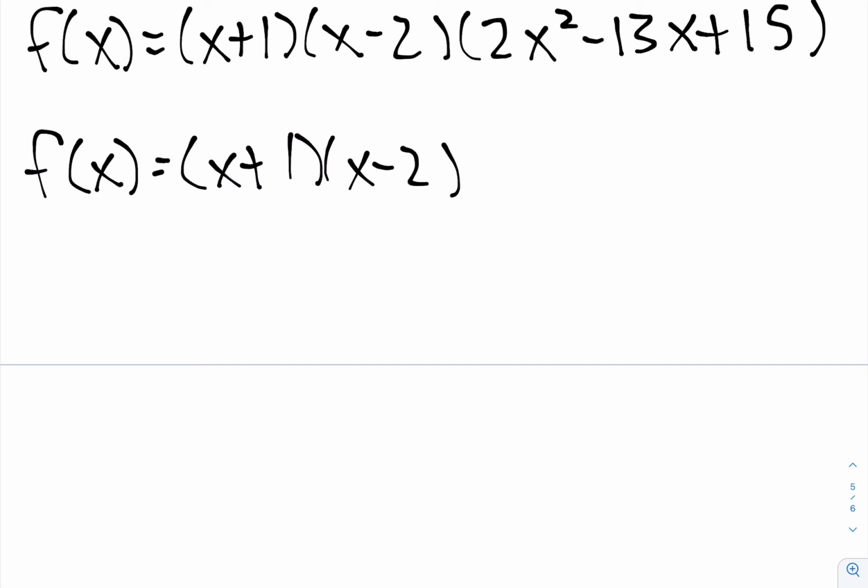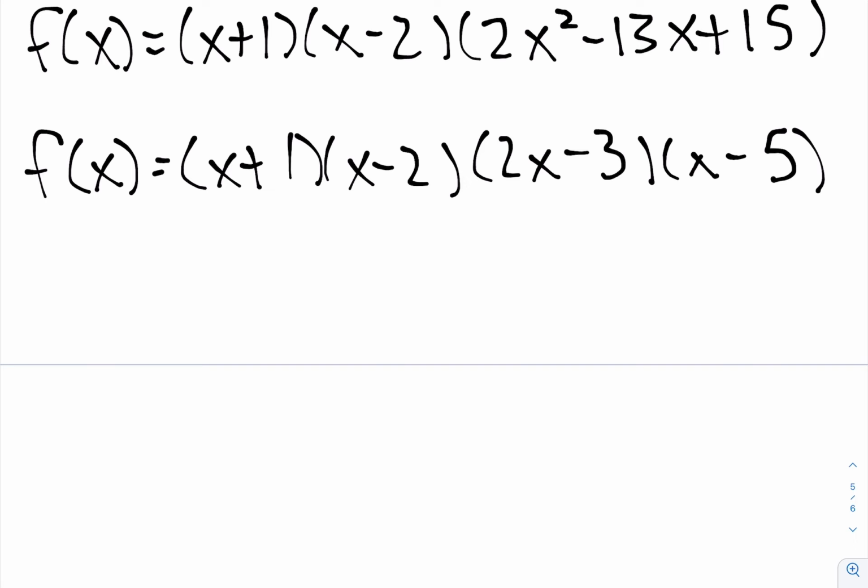So maybe what we have to do is split this into 2x and x, and the two numbers have to multiply to 15. Let's try minus 5, and then this would have to be 2x minus 3.